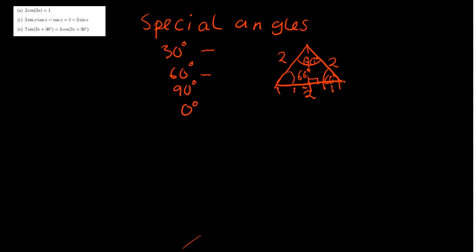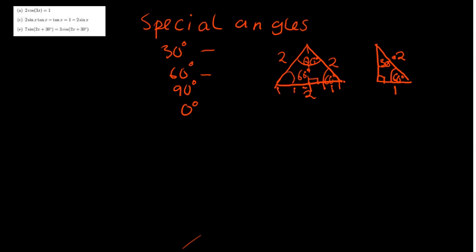Let's now consider just half of this triangle. It has the hypotenuse 2, the base 1, the angle 60 degrees, and the angle 30 degrees.